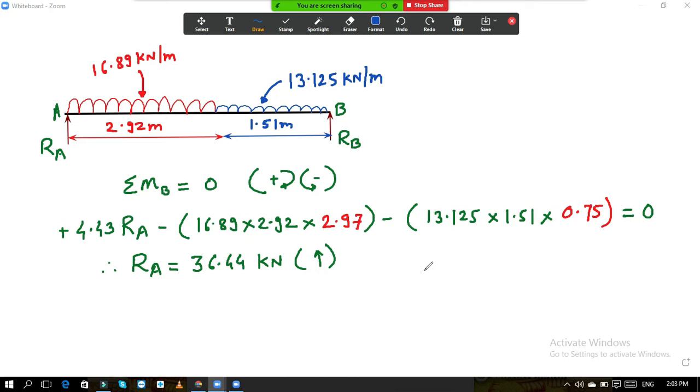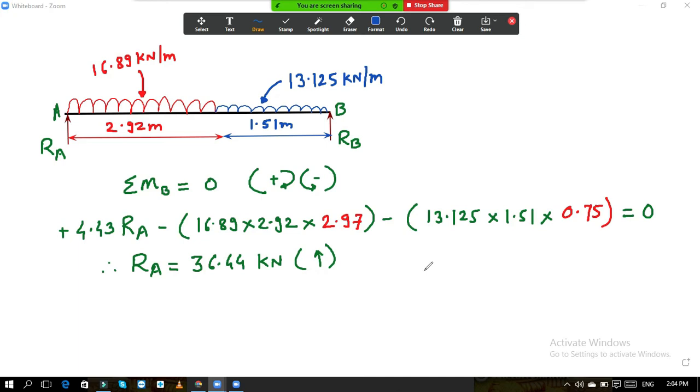So now we need to find out the maximum bending moment. Now how to find out that maximum bending moment? Anybody? How to find the maximum bending moment?